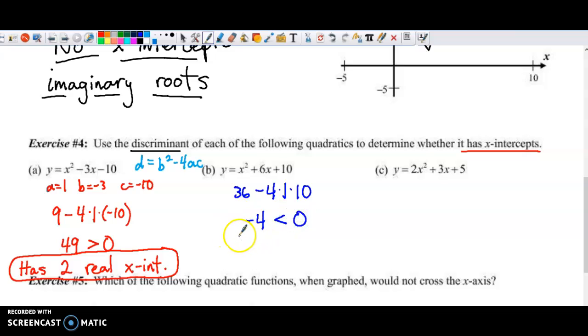So think about if I asked you to square root -4, and I'll actually write it down. The square root of -4 is imaginary. So what does that mean for the x-intercepts? It does have two imaginary solutions. They just don't cross the x-axis. So there are no real x-intercepts.